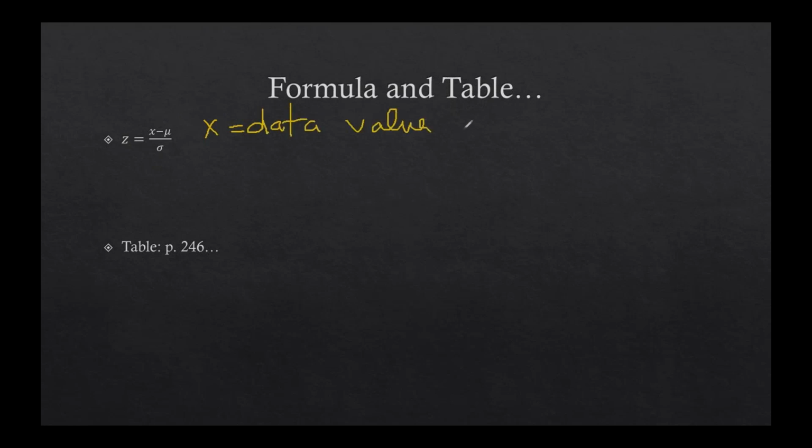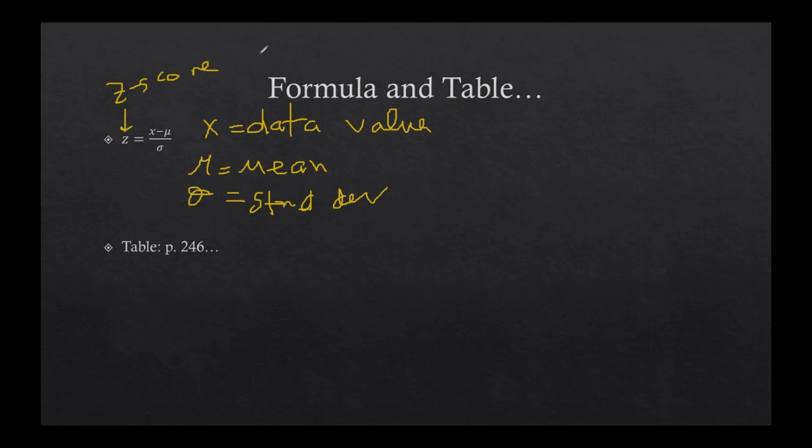In our section 14 problems, we were talking about less than 23 miles per gallon, so 23 would have been our data value. Mu, which is a fancy looking M, some people think it looks like a U, is the mean. And I already told you that the curly Q, the sigma, is the standard deviation. And hopefully it goes without saying that z stands for the z-score.